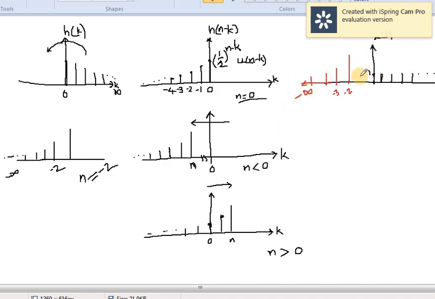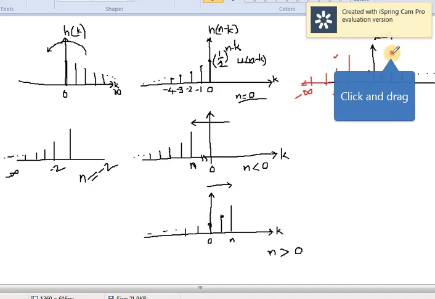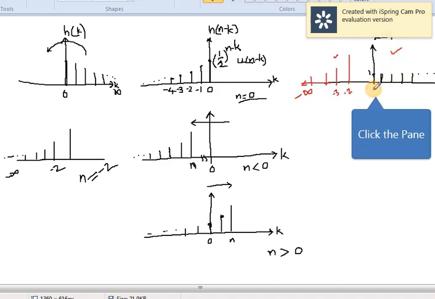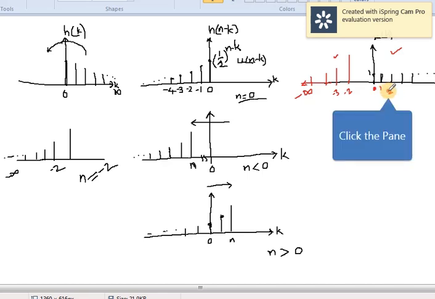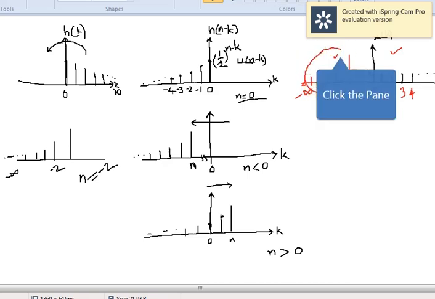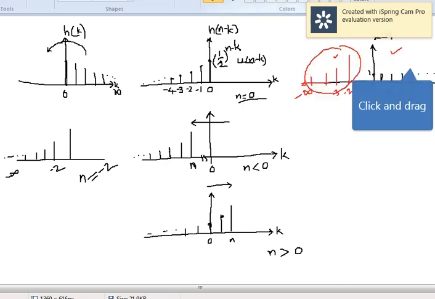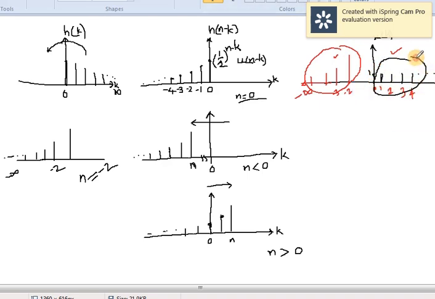Now, if we multiply these two signals, they are not sharing the same instances. To do the multiplication, the signals have to be present at the same time instances. But here, one signal is on the left side, and the other is on the right side. So right now, the multiplication of these two would give 0.